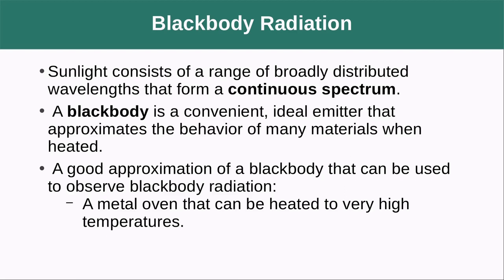So if the sun is producing light from being heated, maybe we can use the idea of the black body to model that. One good approximation of a black body that can be used to observe is something like a metal oven. So what kind of electromagnetic radiation are we going to see when we heat up the inside of an oven?